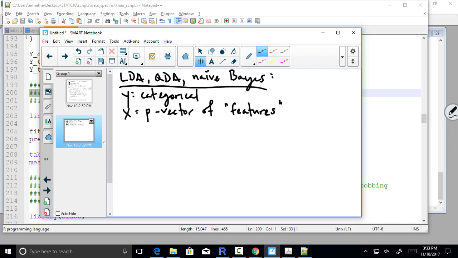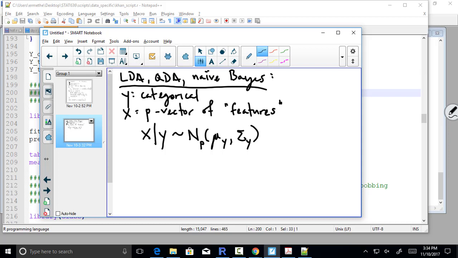In each of these, LDA, QDA, naive Bayes, we make an assumption that the vector x, if you tell me which class it came from, is a multivariate normal with some mean vector that depends on the class and potentially a covariance matrix that depends on the class.